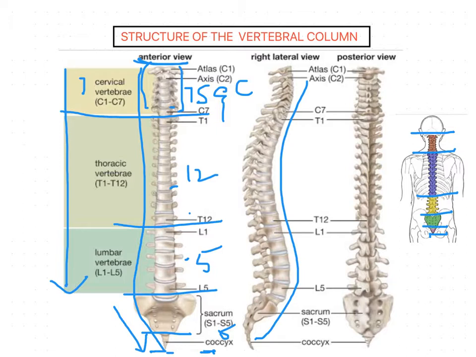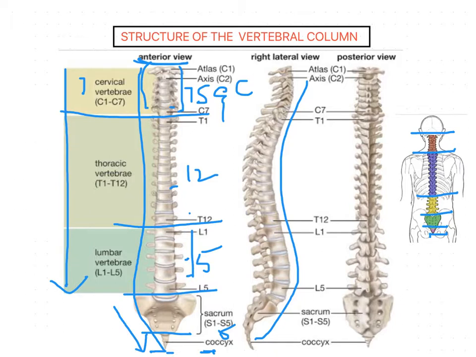For that reason, the number of vertebrae is more, and the size of the vertebrae also increases as it comes down, because at the level of the lumbar region, this is the only skeletal part at this part of the trunk. In this lumbar region, there is no other attachment of bones, isn't it?